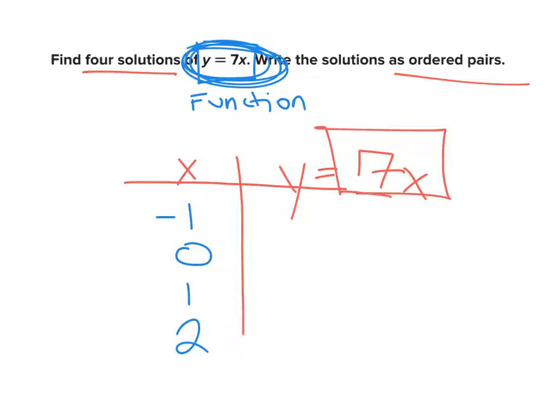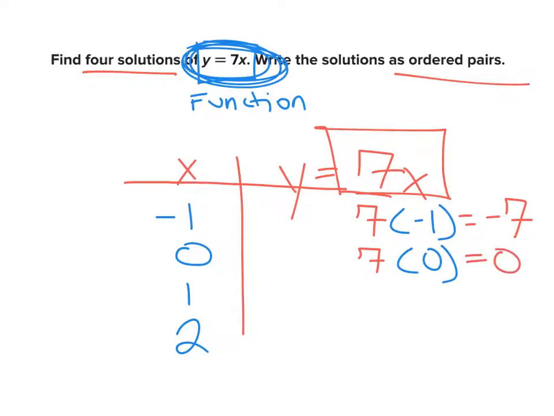So when x is -1, y will be 7 times -1, or in other words, -7. When my x is 0, my y value will be 7 times 0, or just 0.